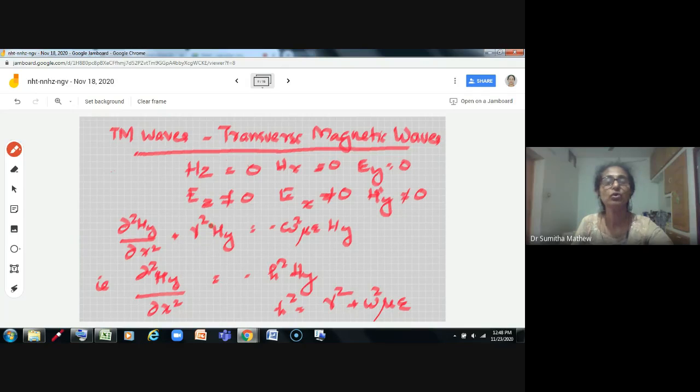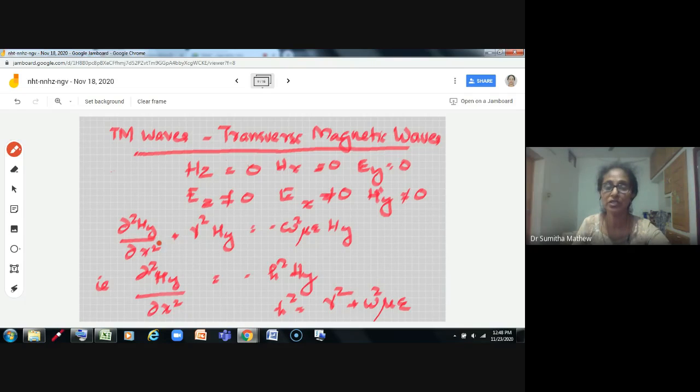Okay, so moving in the same process as in TE waves, you always write the expression for the wave equation. Then you get dou square Hy by, instead of E, you have to take magnetic field H. That's the only difference. Follow the same procedure. So writing the wave equation, dou square Hy, where did we get this?